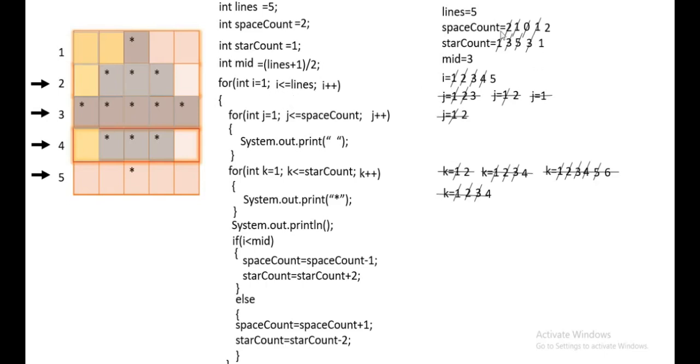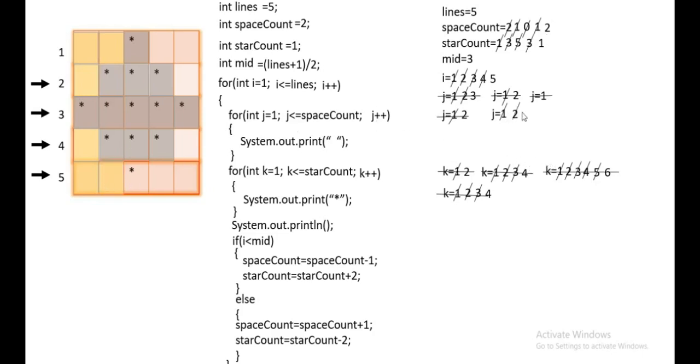5 is less than or equal to lines, 5 is less than or equal to 5, the condition is true. So execute this for loop, j equals 1. 1 is less than or equal to 2, the condition is satisfied, so print a space. Then go back to j plus plus, j becomes 2. 2 is less than or equal to 2, again print a space.